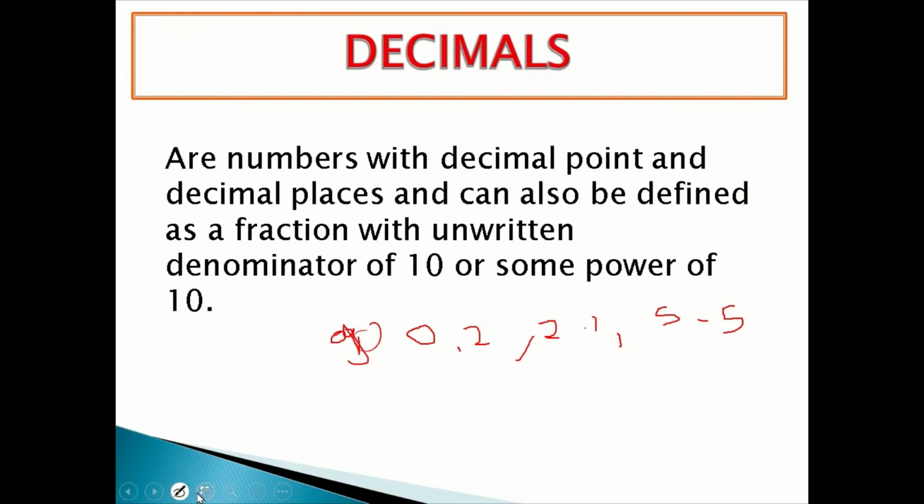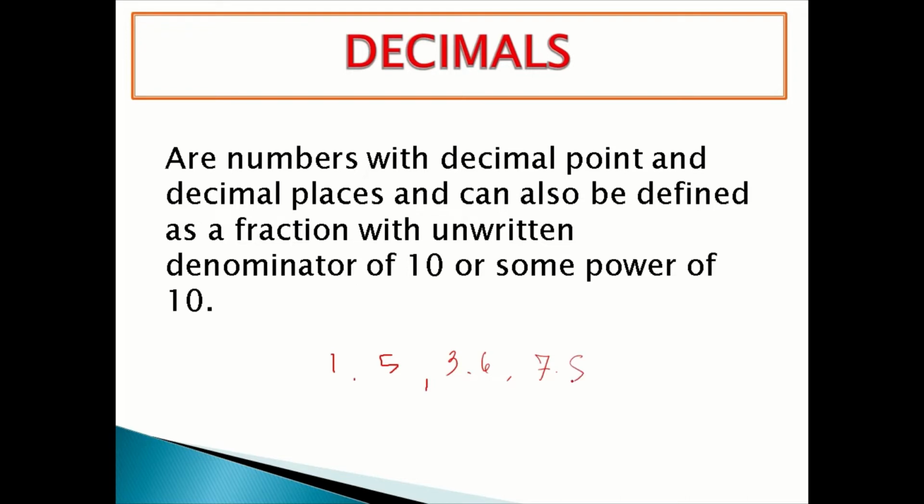So, to write it clearly, we have, for example, another 1.5. We also have 3.6, 7.8, and we also have 0.00001. These are just examples of decimals.